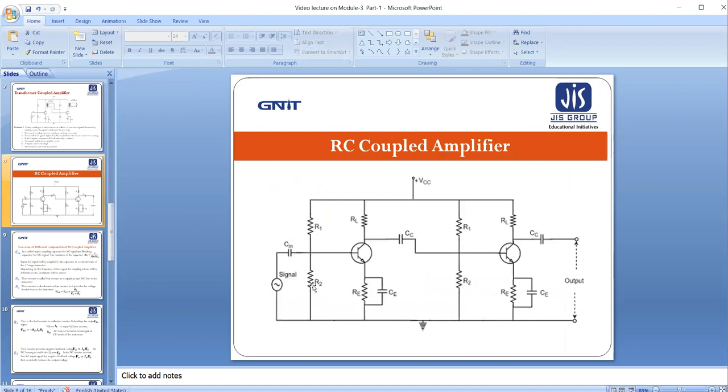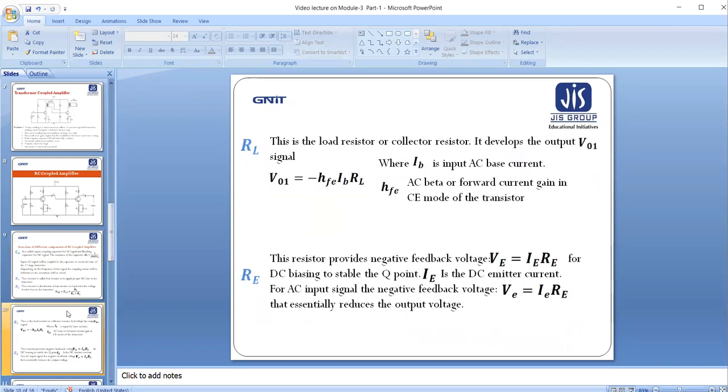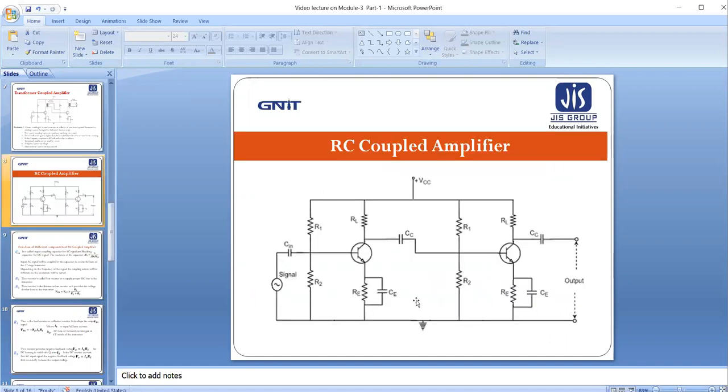Next one is the RE, that is the emitter resistance. Emitter resistance means this resistor provides the negative feedback voltage VE equals IERE. Look here, the suffixes are capital uppercase letters. That means when we are setting the DC bias, the DC emitter current will produce the DC emitter voltage, VE equals IE into RE, which further prevents the increase of this base current.